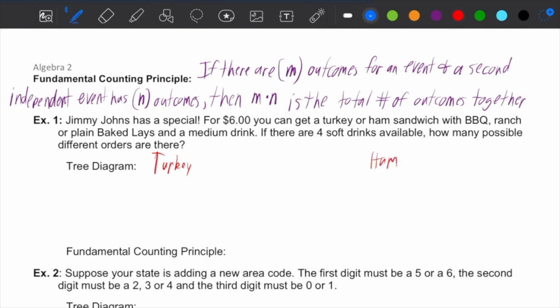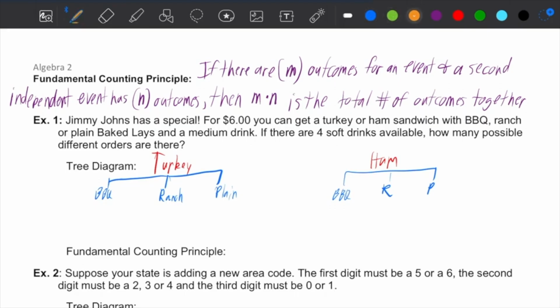And if you pick turkey, you could get 3 different types of chips. You can get barbecue, you can get ranch, or you can get plain. And then you could have the same options if you pick ham. You can get barbecue, ranch, and plain.